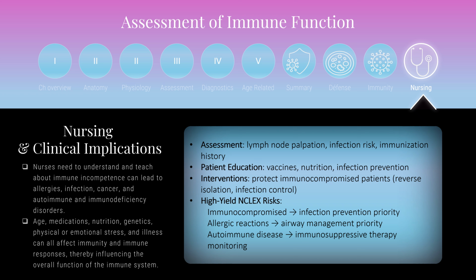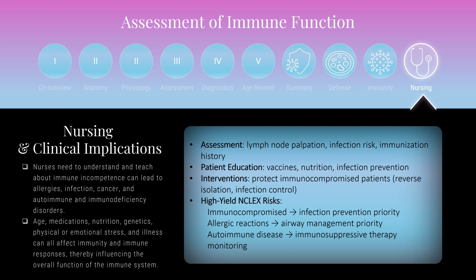Again, the assessment: lymph node palpation, infection risk, immunization history, and patient education about vaccines, nutrition, and infection prevention. Interventions: protect the immunocompromised patient with reverse isolation and infection control.